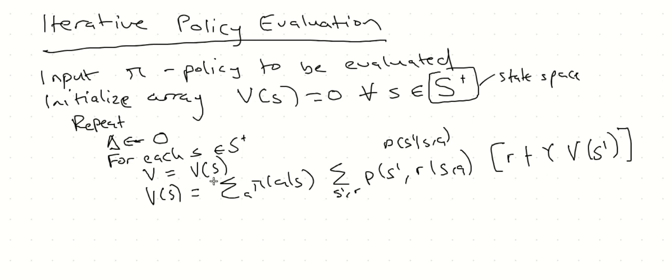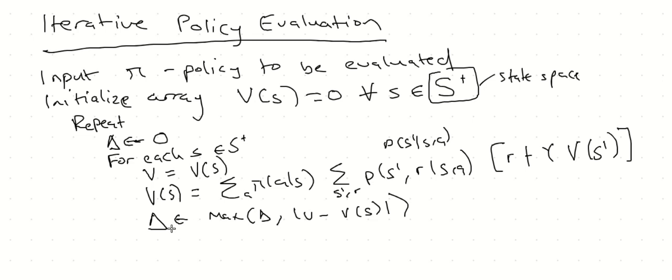And we update our V. And this delta is now equal to the maximum between the current delta and the absolute value of v minus V(s). So what does this mean?